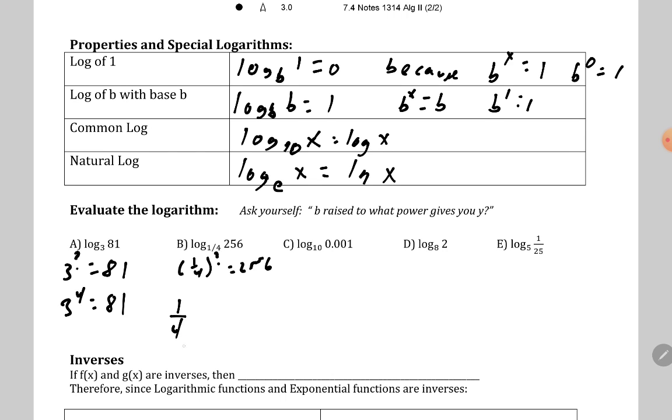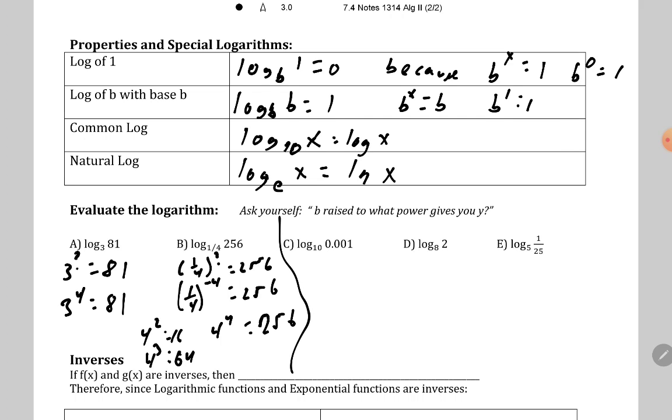If we look at 4 squared, that is 16. 4 cubed is 16 times 4, which is 64. And 4 to the 4th is 256. So 1/4 to the -4 will give me 256.